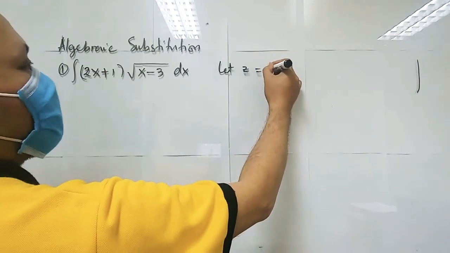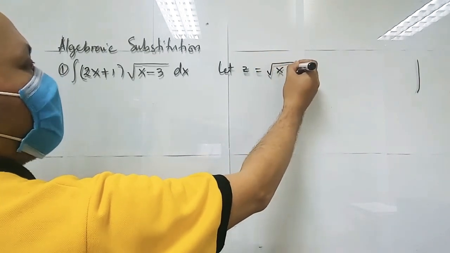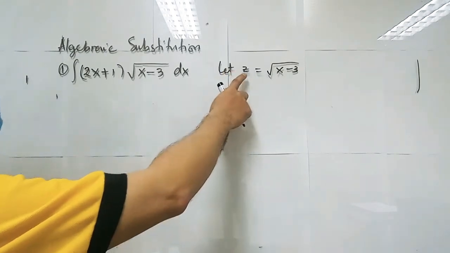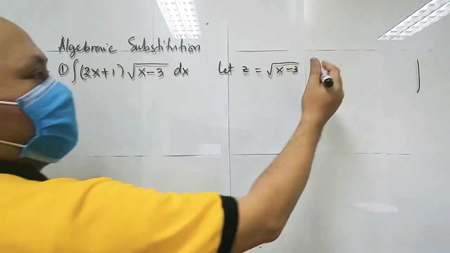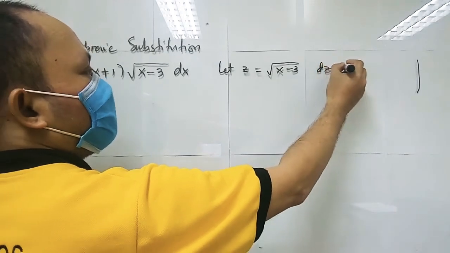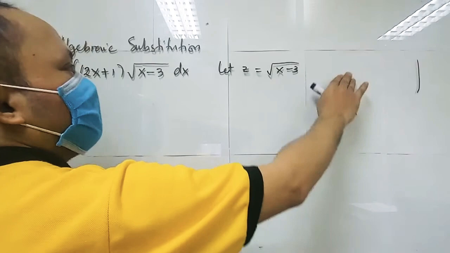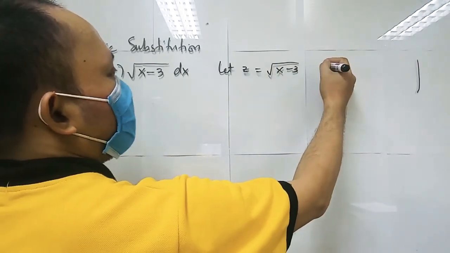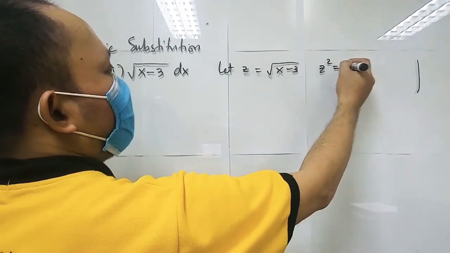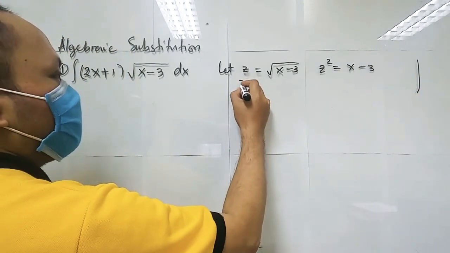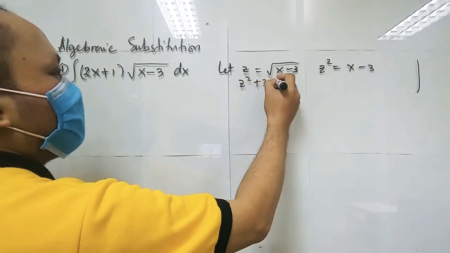So we have the square root of x minus 3 equals z, and then after that we take the derivative of z. So dz, that is equivalent to, okay, we will make a transposition. The square root, that is z squared, is equivalent to x minus 3, and z squared plus 3 is equal to x.